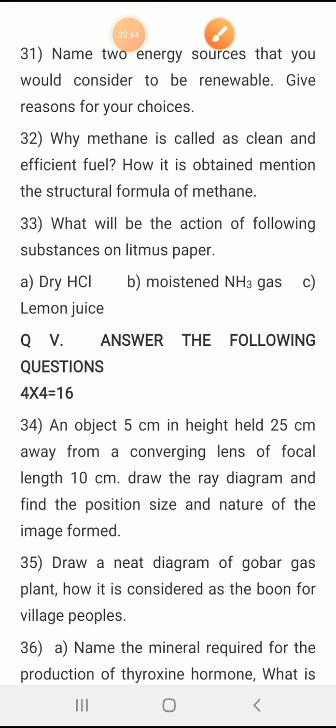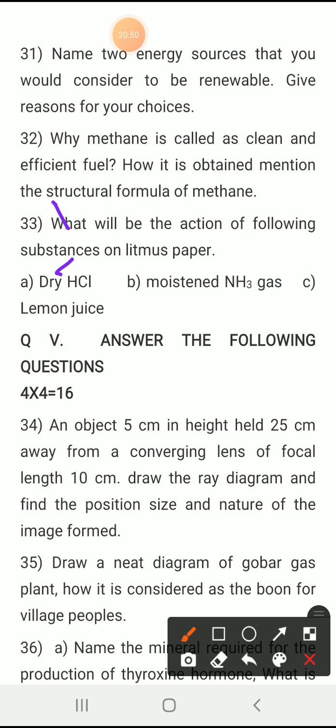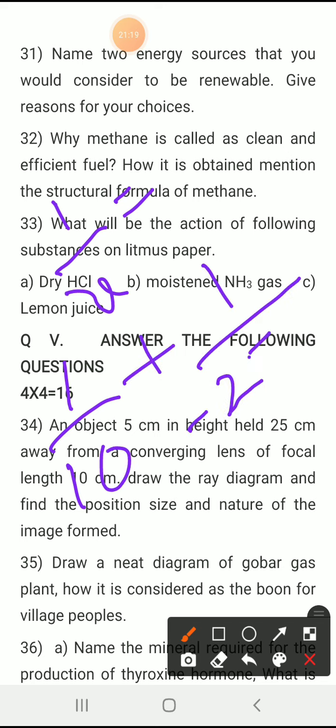Okay, got it? After that, how can we solve it? The values are given. 1 by v is equal to 1 by f plus 1 by u, so 1 by v is equal to 1 by 10 plus 1 divided by minus 25, correct?